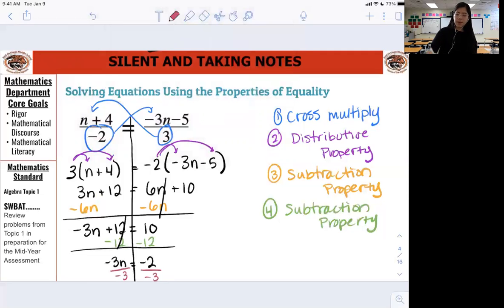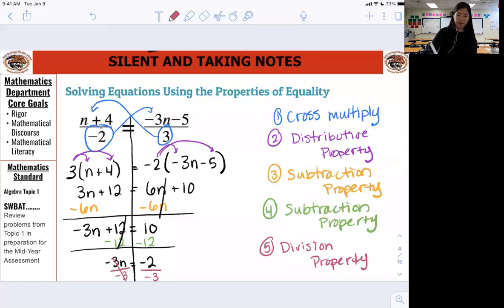Why am I dividing? Because -3n is together by multiplication. Perfect. Exactly. When I say -3n, I'm really saying -3 times n. And the opposite of multiplication is division.